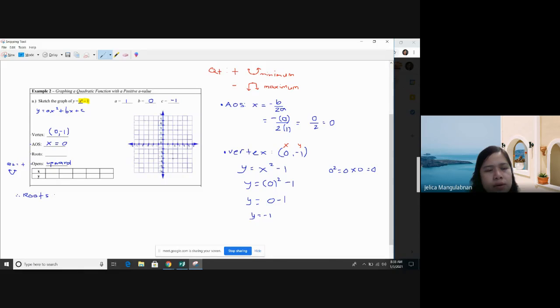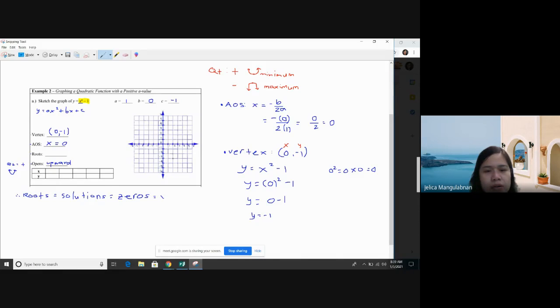roots are also known as solutions. We call them different terms, but they are just the same. Solutions, roots, sometimes we call them also zeros. So during the benchmark or CFAs, if they're asking you what are the zeros, those are also the roots. If they're asking you what are the roots, they are also the solutions.